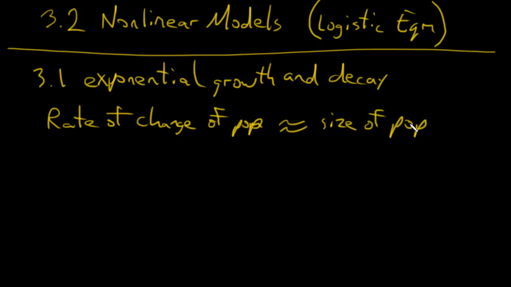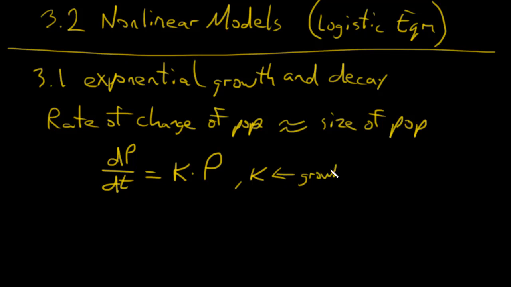The more people you have, the faster your population is going to grow. So we set that up and then made an equation out of it. We said dP/dt is equal to some constant of proportionality k times P. And this k is where our rate was going to be. This is our growth rate in the case of populations.